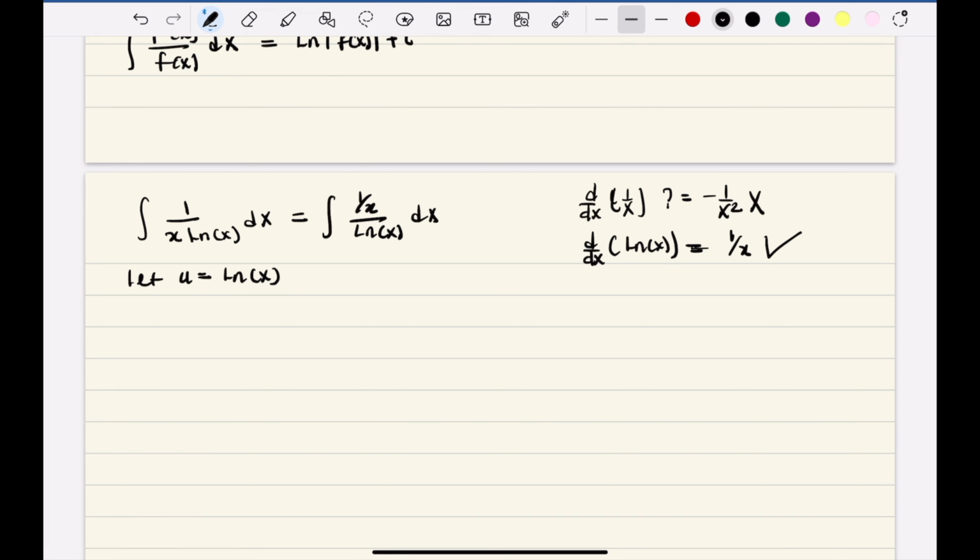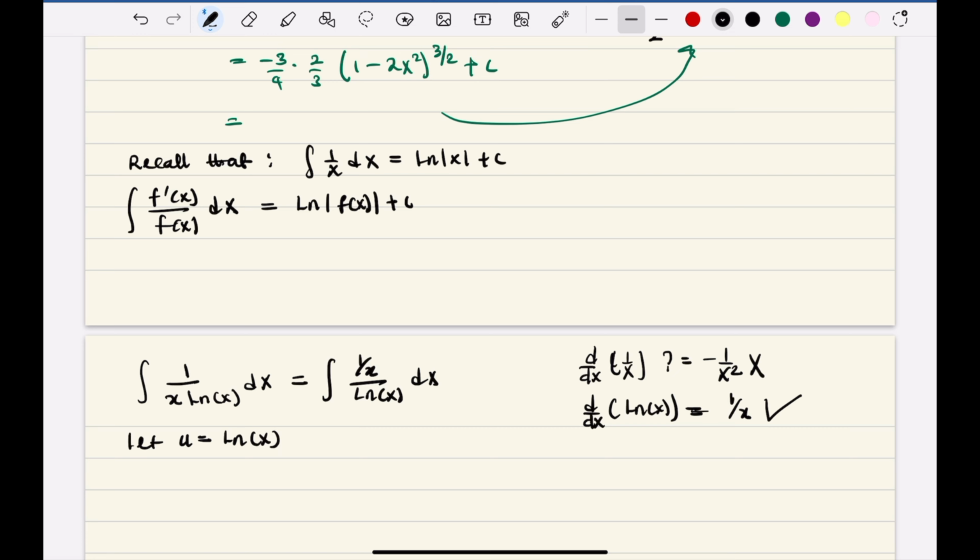But if I don't even know which one to use, how do I know? Okay, so these are some times in which you use substitution. For example, if you have the derivative of a function divided by the function, you know you want to use the substitution. And all you need to do is to write it in these forms.